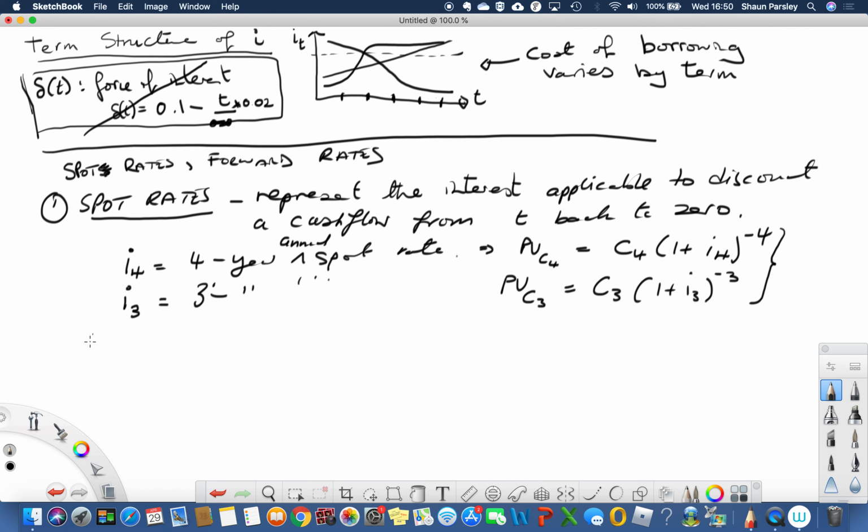So why do we use these? So an example, a use example, I'll call it. So we've got a gilt.